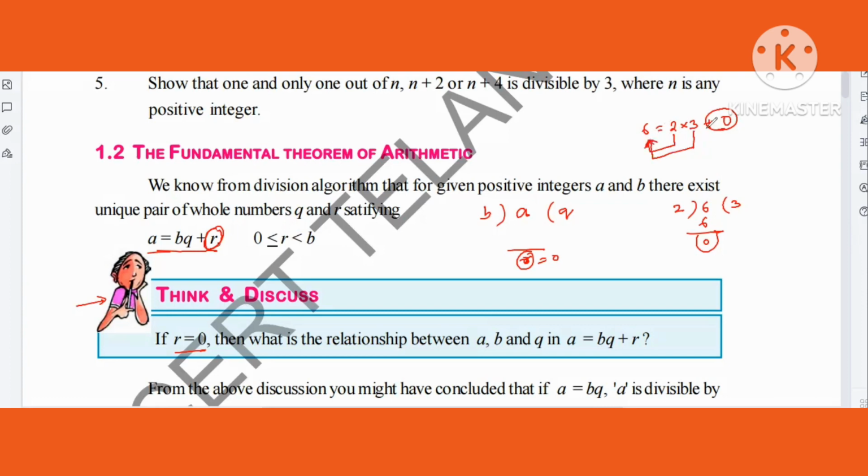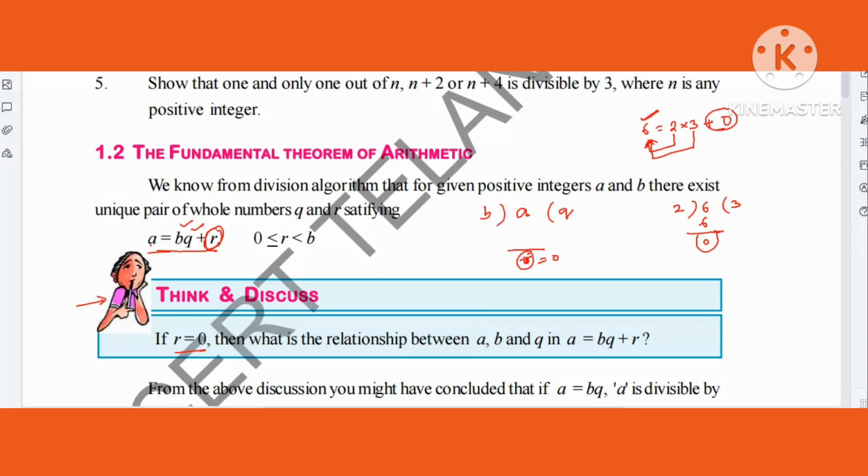If the remainder is 0, then b and q are factors of a. And you can also say that a, here 6, is a multiple of 2 and also a multiple of 3.